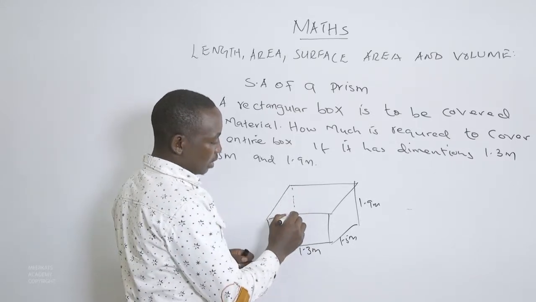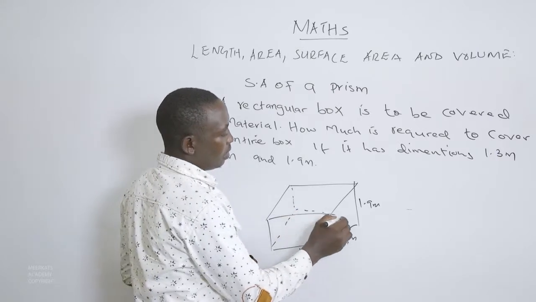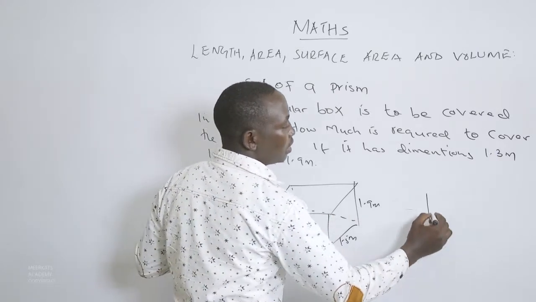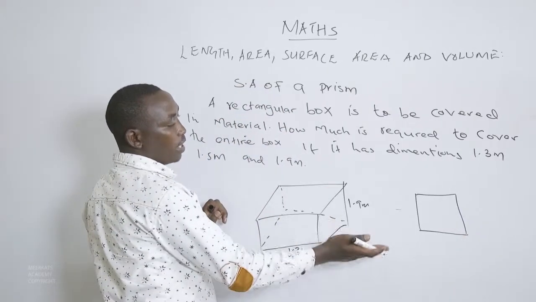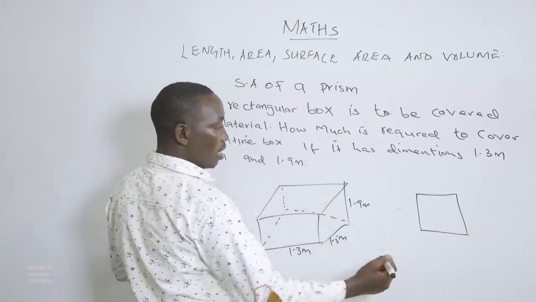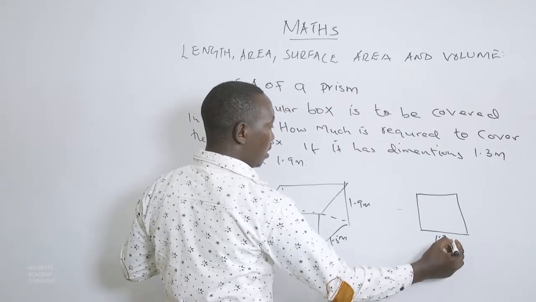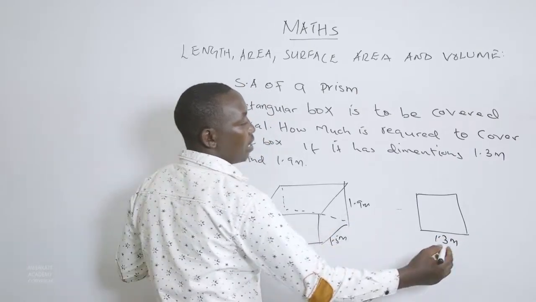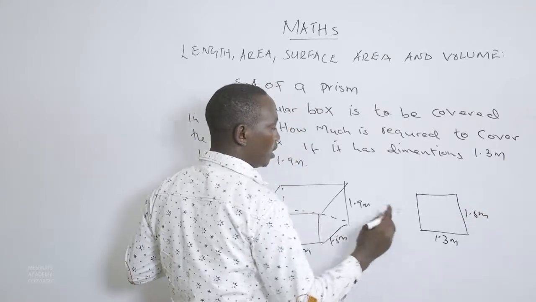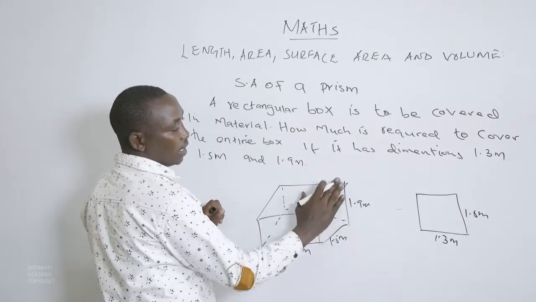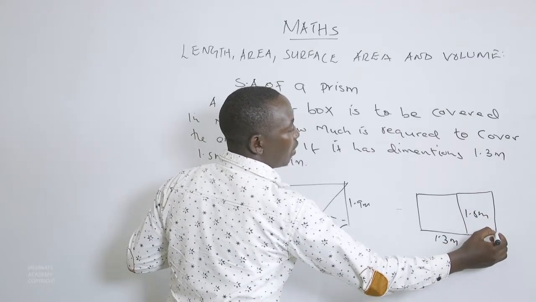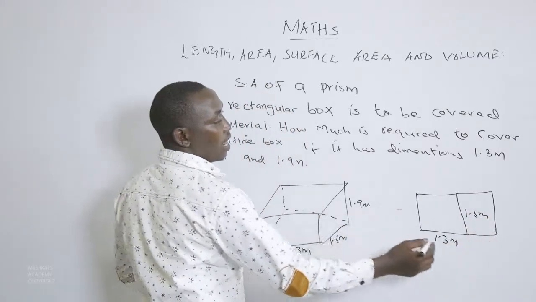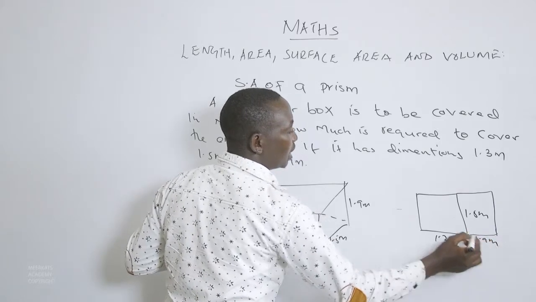So this base, since it's rectangular in nature, we can open this flap, we open the other one. So this will be 1.3 meters by 1.5 meters. When you open this side, we are going to have such, and the length is 1.9 meters.